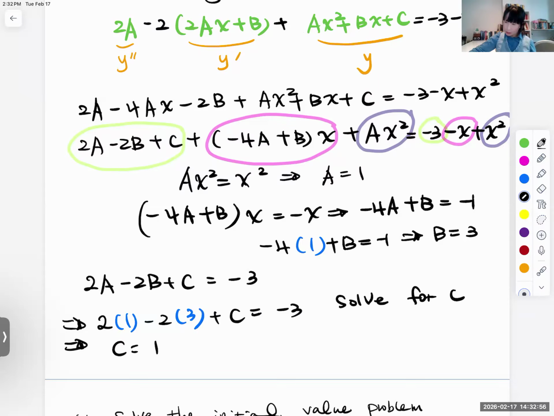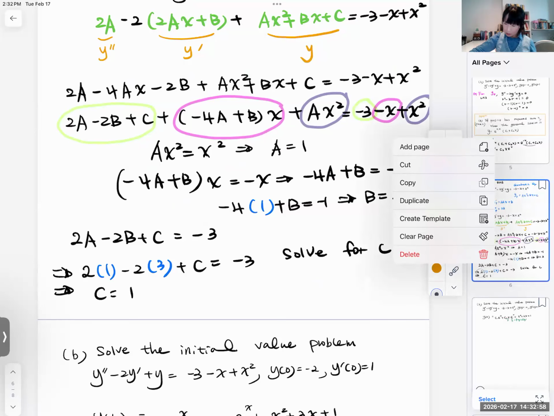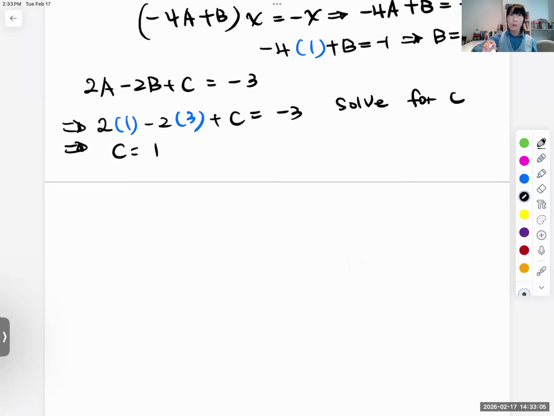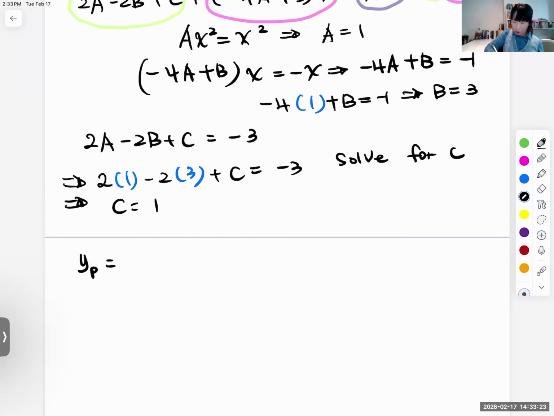I need a space. Okay, now I should be careful. We found the complementary solution earlier. So this is the particular solution, right? So y sub p equal to a quadratic equation, ax squared plus bx plus c.